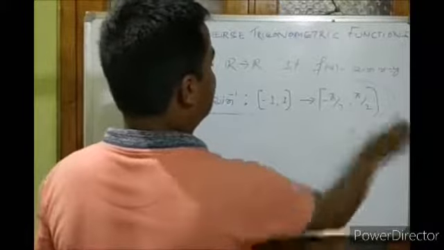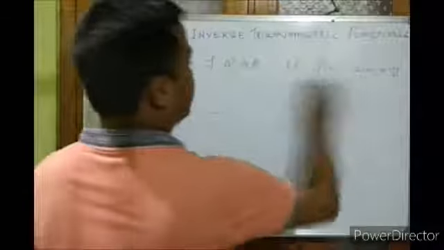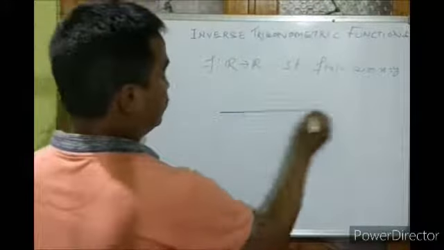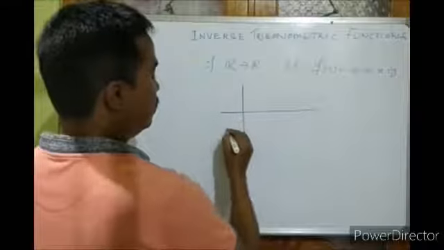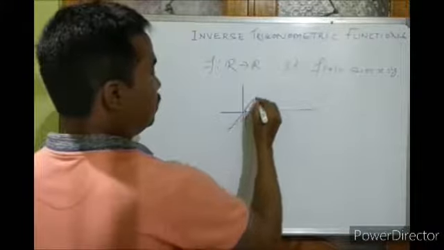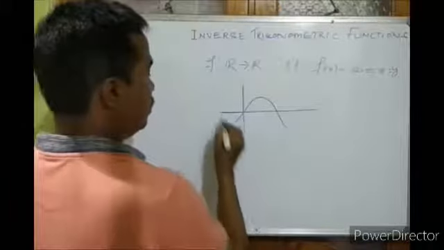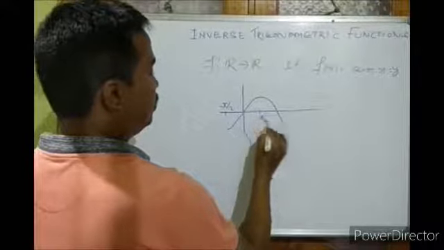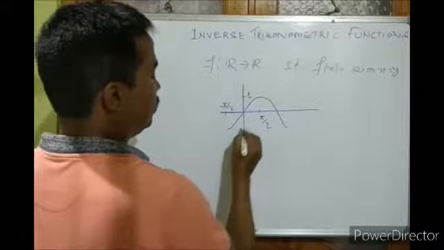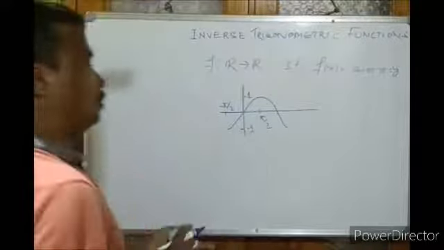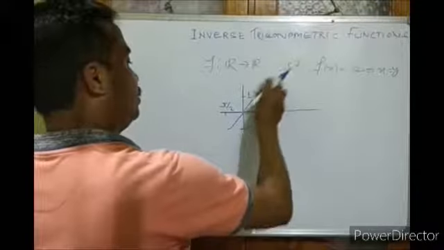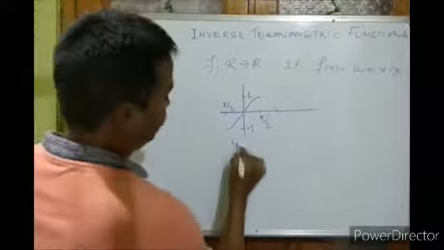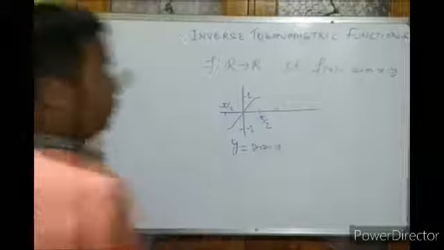Now let us look at the graph of the sine inverse function as well. Minus pi by 2, plus pi by 2, here plus 1, that is minus 1. Now if we want to draw, this is y equal to the sin x graph.